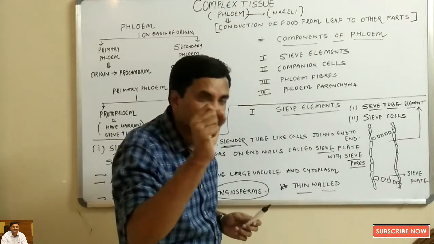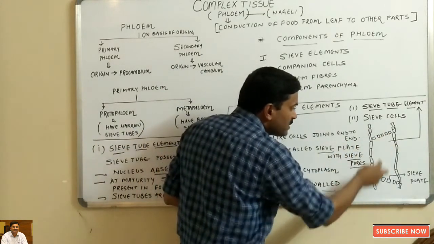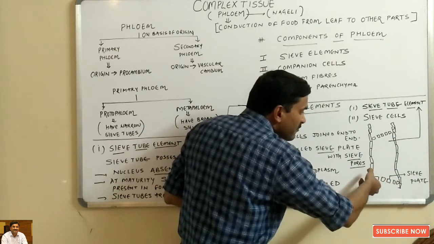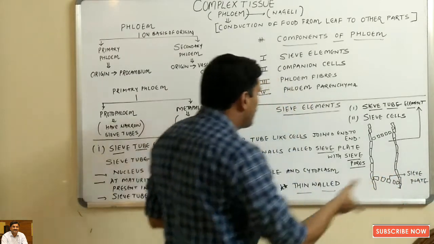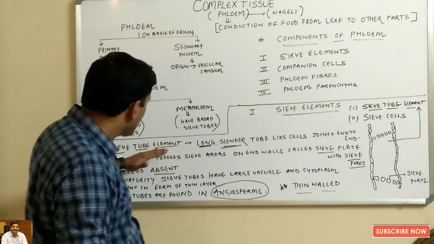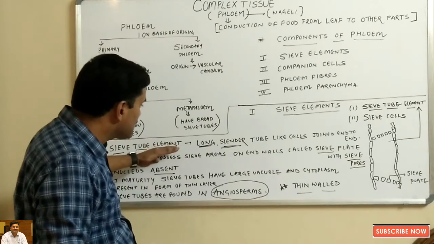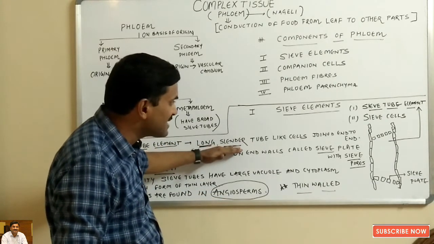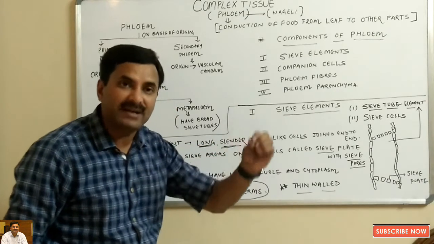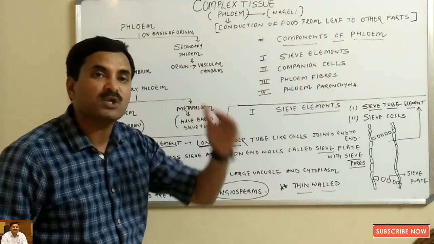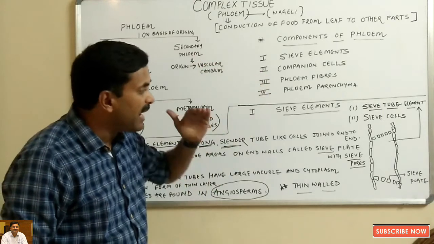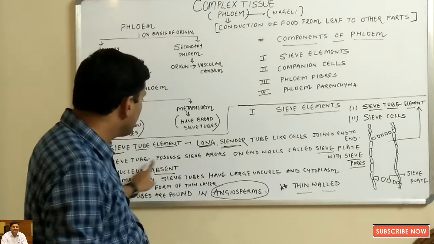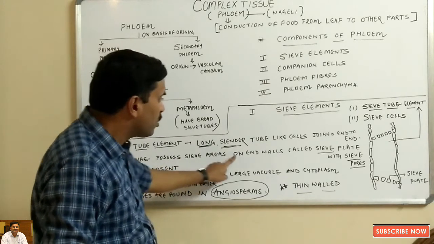Sieves means pores. So this end wall consists of many sieve pores, and many sieve pores constitute the sieve plate. Again, a sieve tube element is the special feature of angiosperms. Sieve tubes are long, slender cells joined end to end, one placed over another, and the sieve tube possesses sieve areas on its end walls.